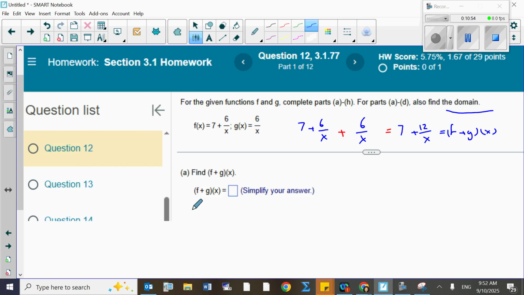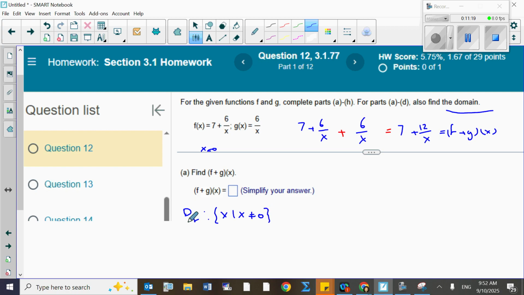So let's see. The domain of f is all real numbers except whatever makes the denominator equal to 0, and that is 0. So if x is equal to 0, this denominator is 0 and makes the function undefined. So the domain here is all x values such that x is not equal to 0.